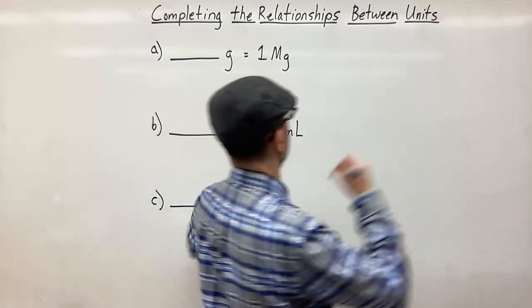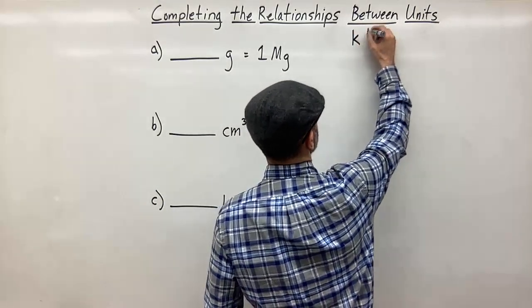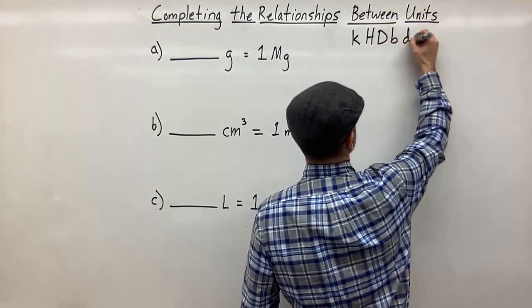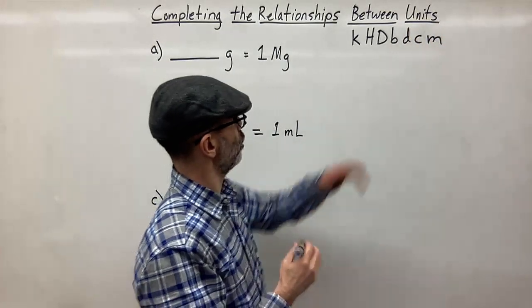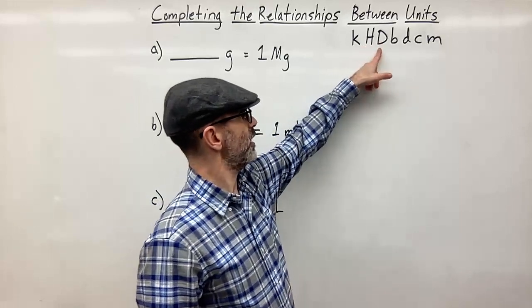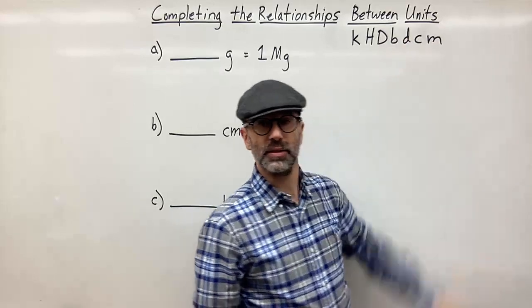So I'll write that down here. King Henry died by drinking chocolate milk. So kilo, hecta, deca, base unit, deci, centi, milli.